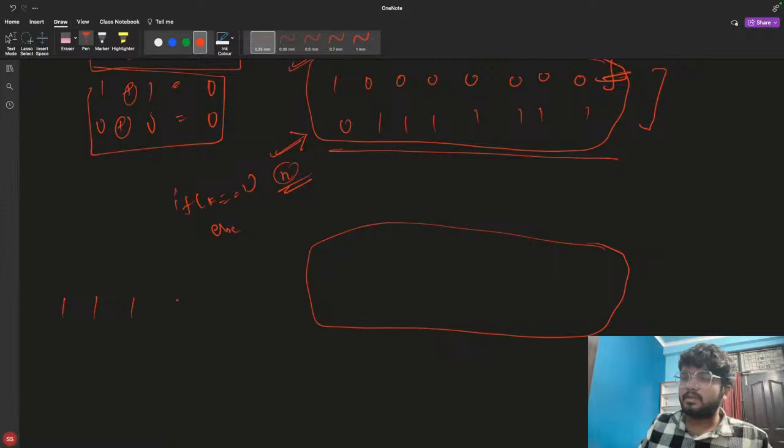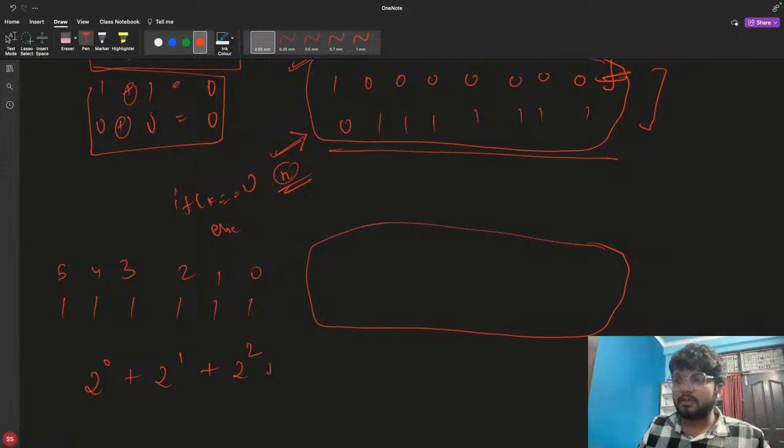Let's say we need to print this number. These are the indexes. We are adding 2 raised to the power 0 plus 2 raised to the power 1 plus 2 raised to the power 2 and so on till 2 raised to the power 5. This is this number. If you are unaware of this, then you need to study the bit manipulation concept.